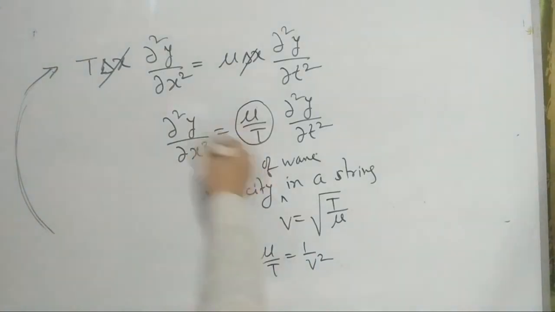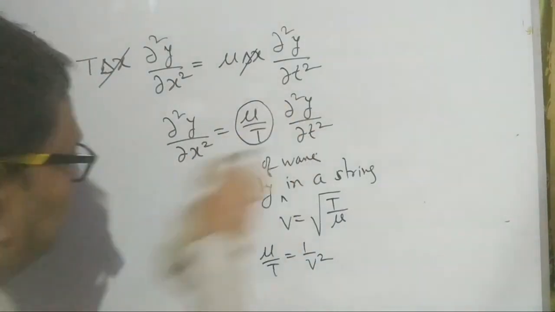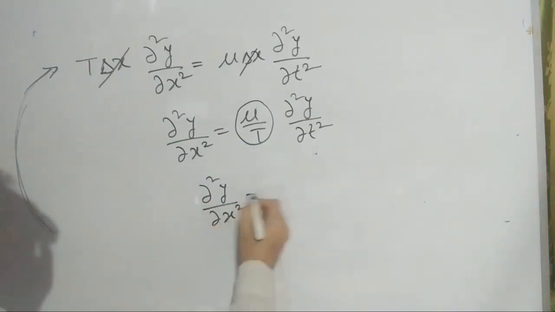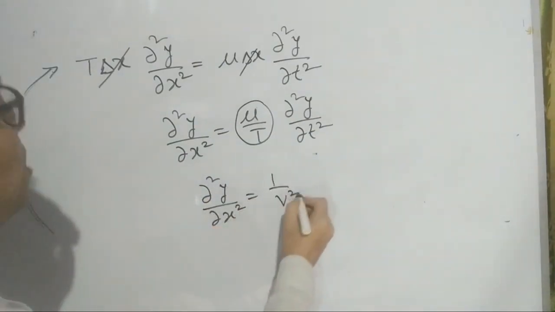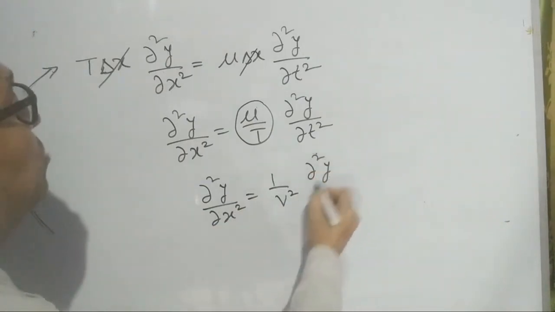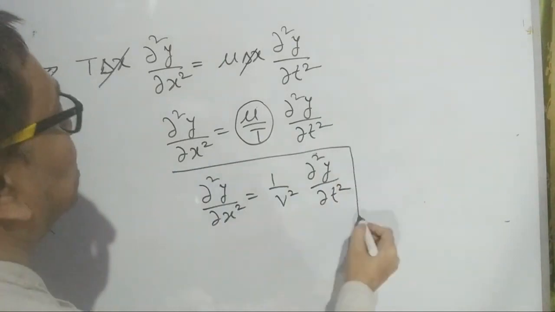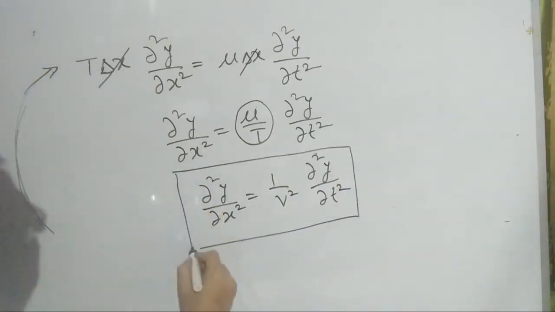So we can write this equation as del square y by del x square equal to 1 by v square into del square y by del t square.